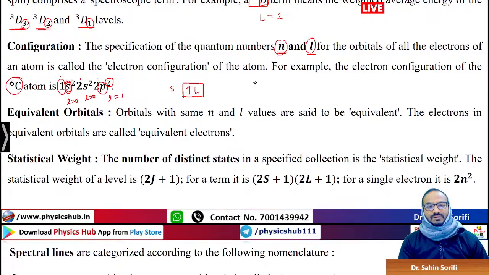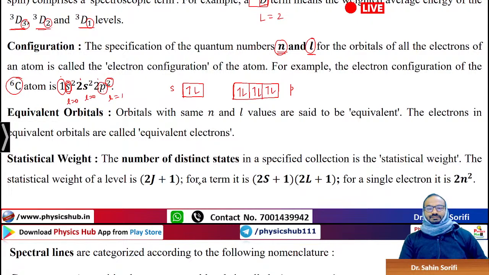This is because of the Pauli's exclusion principle. Maximum 2 electrons can be held in one box. For P, you see 1, 1, 1, then in this way it gets filled up. Electrons will be filled up singly first, that is Hund's rule.